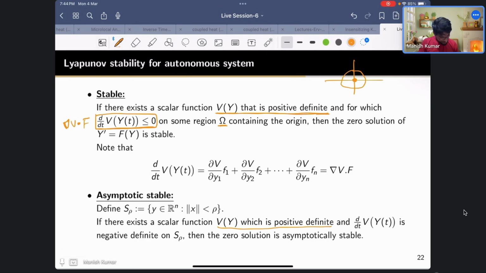This is what I have just defined as negative definite. Here you consider some ball, but omega and the ball can be interchanged, it doesn't matter. Omega in particular is a ball. If you have this condition, then the point (0,0) is called asymptotically stable.